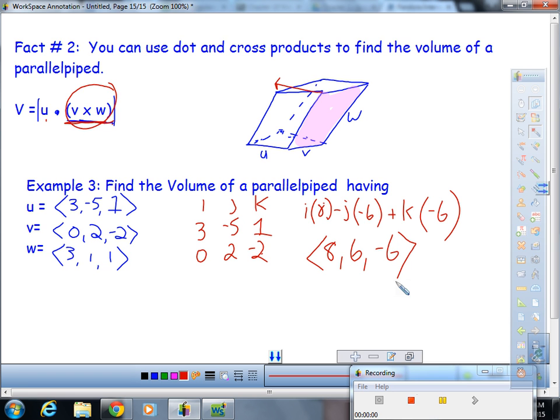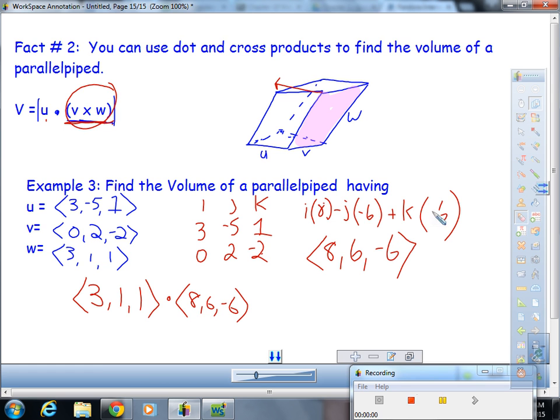Okay, now we're going to dot that with our W. So 3, 1, 1, dot 8, 6. Did I mess it up? Okay, 6 minus 0, not 0 minus 6. Thank you, thank you, thank you.